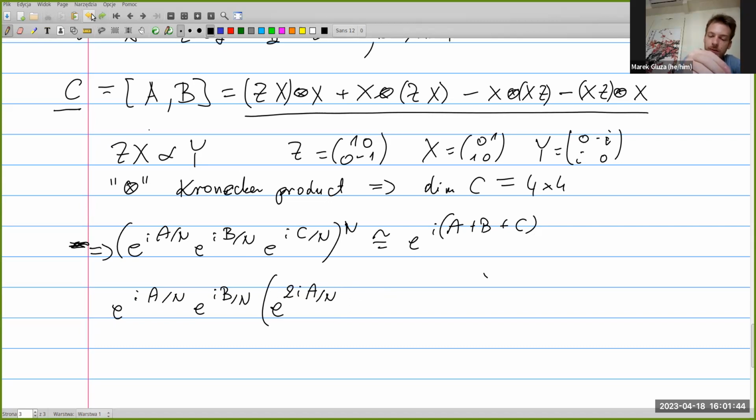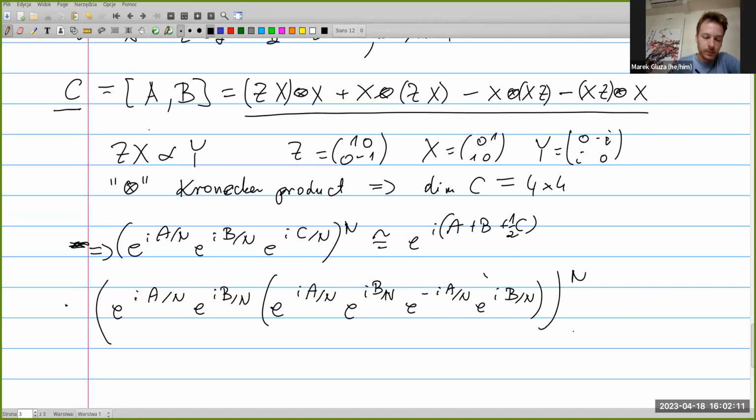The 1/2 is important, yeah. 1/2 here, e to A, e to B over n, e to minus I A over n, e to I B over n. Yes, and this we repeat to power n. Okay, so that's our approximation.